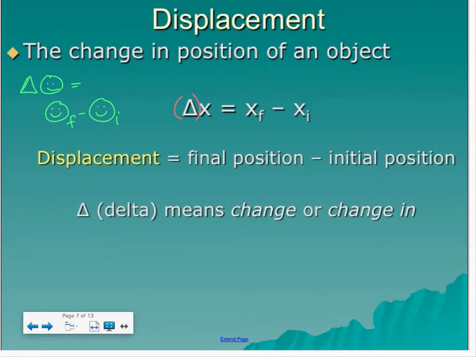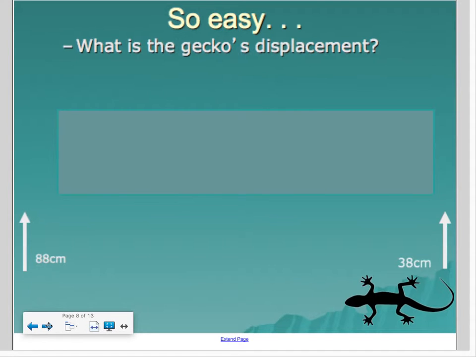But be careful. Delta just means change in, so it's just going to expand out to final minus initial. I will say this every semester, and there will always be people that do the same thing. Your displacement is your final minus your initial position. It's always final minus initial, never initial minus final. Okay? Final minus initial.